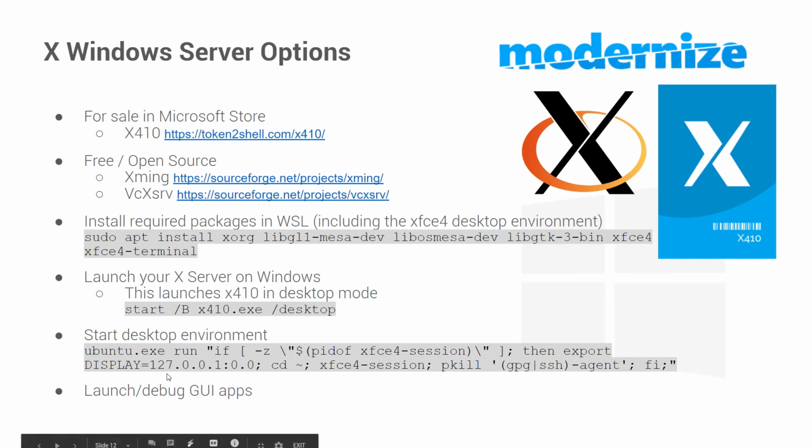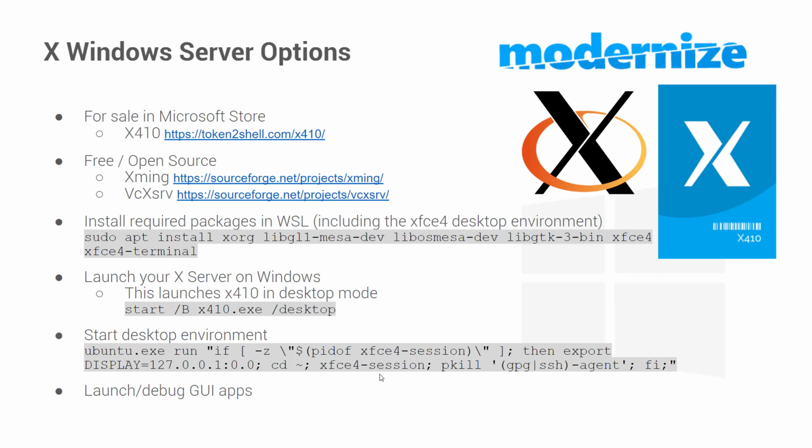Okay, so this is pointing it to that. Now it's 127.0.0.1 because you're on the same machine, even though there's a Windows side and a Linux side, but they're really tightly integrated. So it's kind of interesting that way.